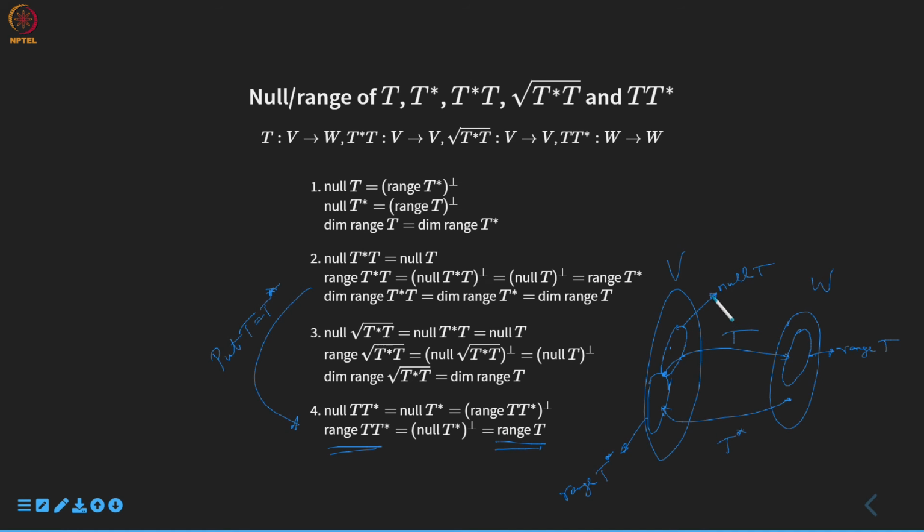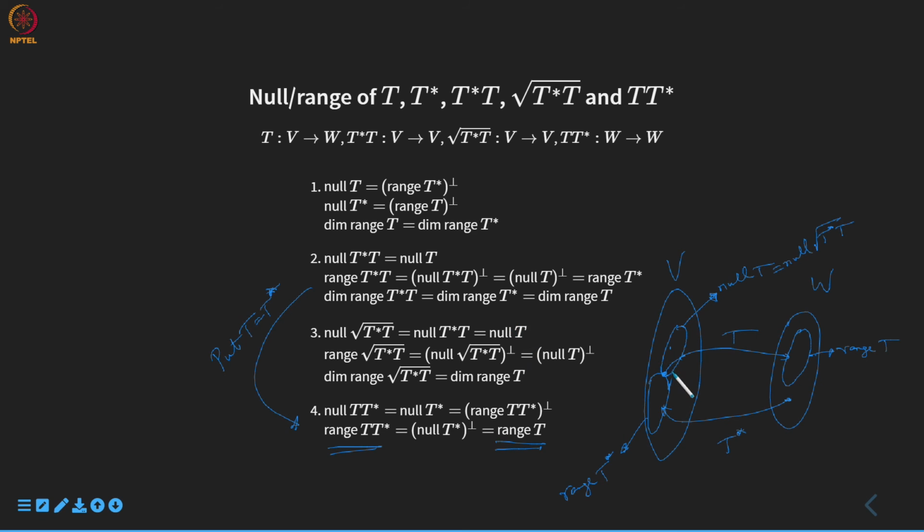And null t is the same as null of square root of t star t. So the square root of t star t, both of these are the same. So null is the same.